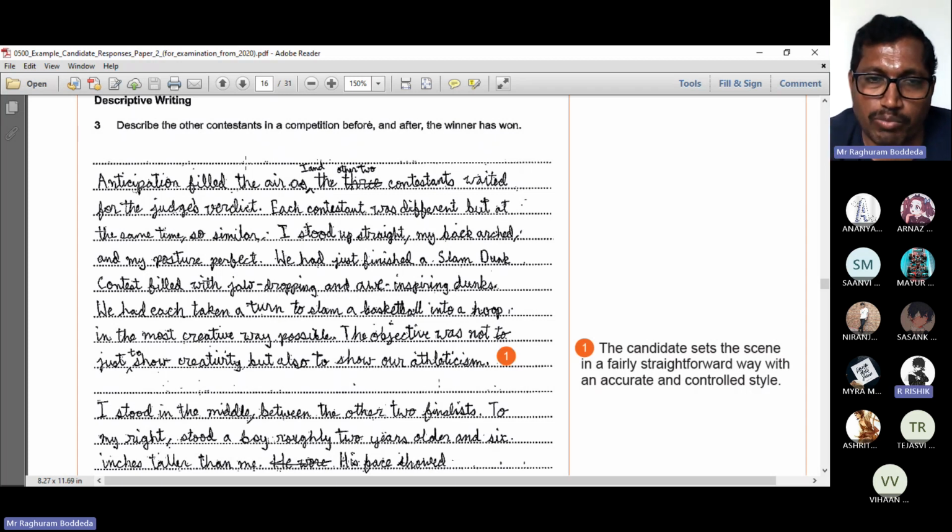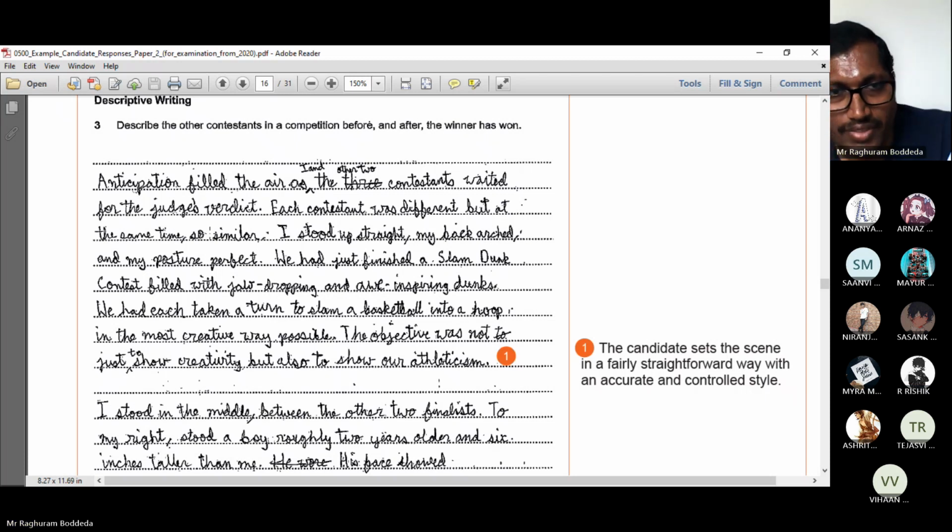Straight away they come to the point. We don't know what the judge's verdict is; they're just eagerly waiting. Each contestant was different, but at the same time so similar, because they are competing for something, with some cause or commonality among them, but individually they are different.